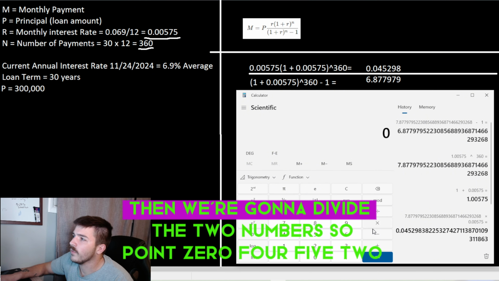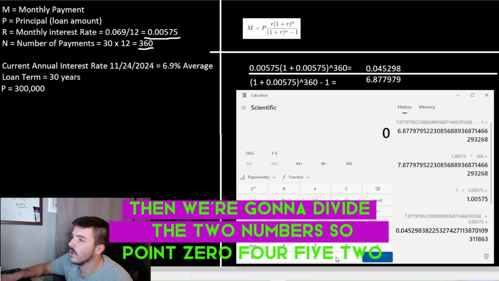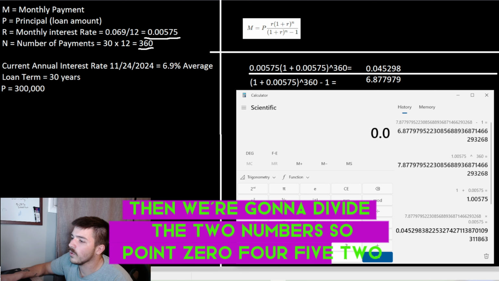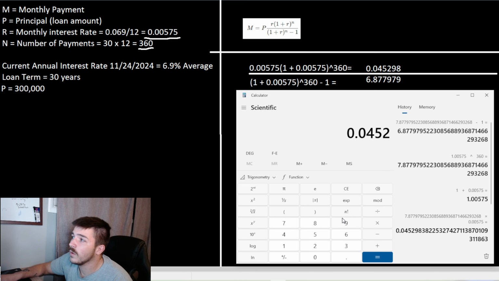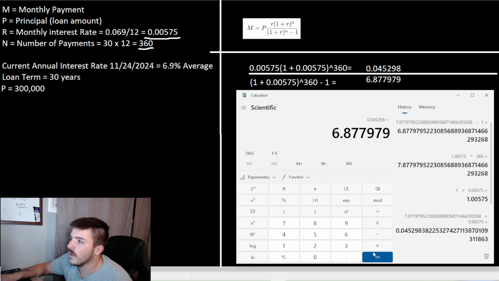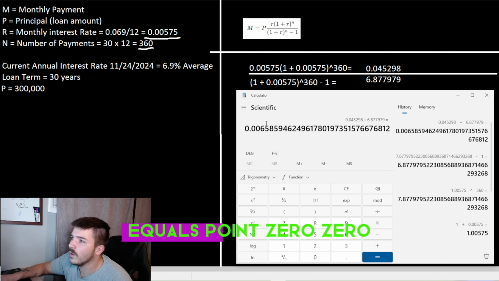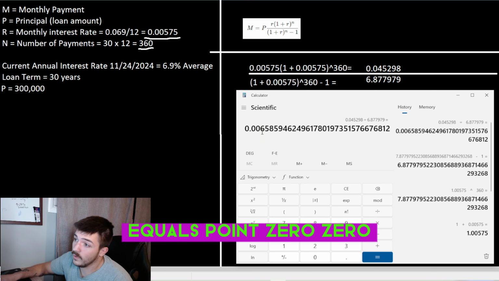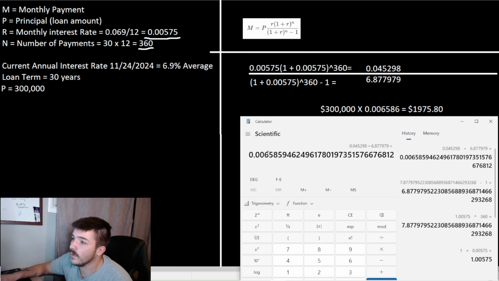Then we're going to divide the two numbers. So 0.045298 divided by 6.877979 equals 0.00658. Actually, 0.00656, apologize.